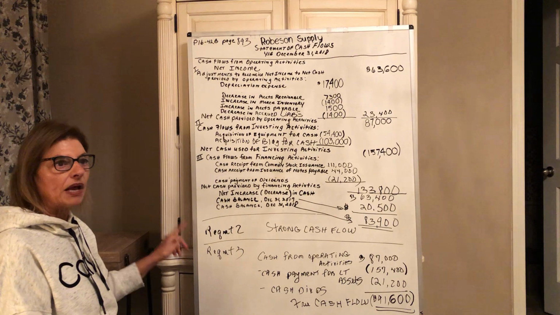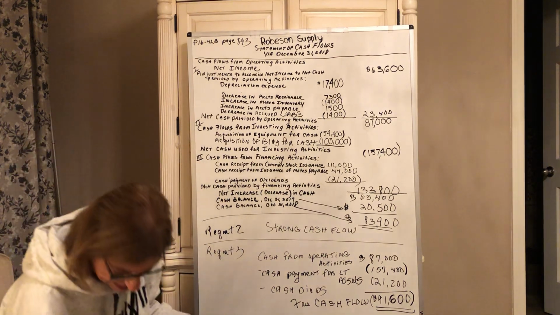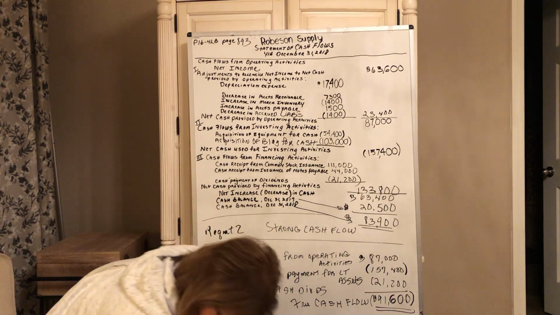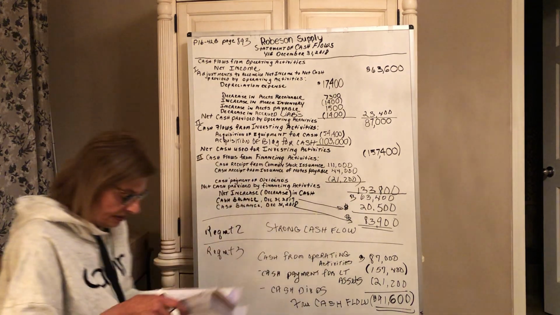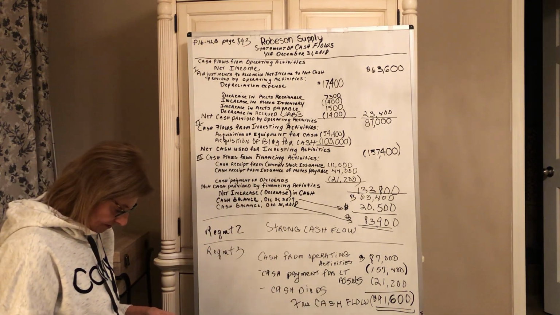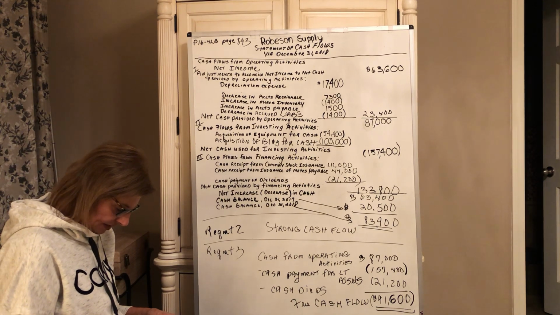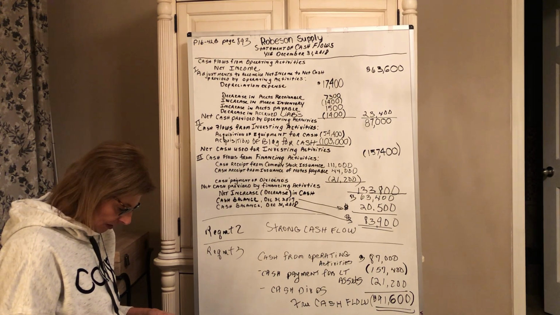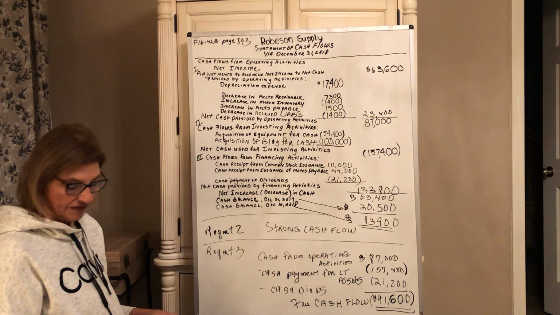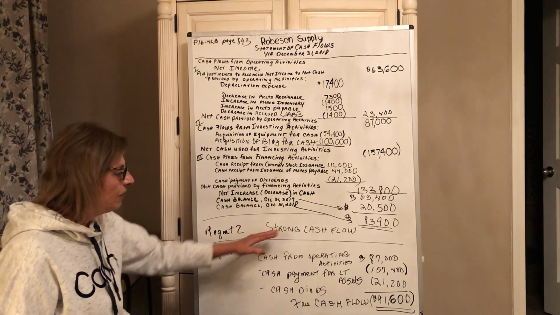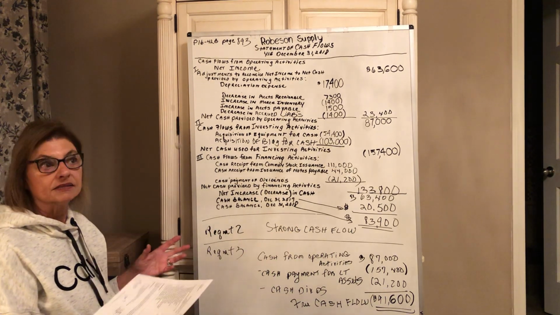They ask in the requirement to address how they did. Looking at the statement, what can you say about it? Evaluate their cash flows. Mention all 3 categories of each and give the reason for your evaluation. Well, I only wrote strong cash flow because it is.